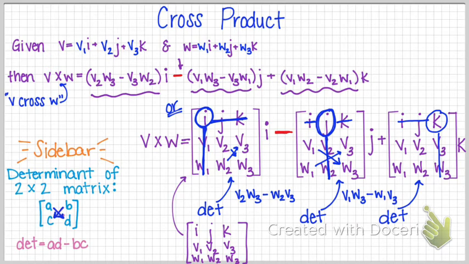For the K term, we cross out the row and the column that K is in, and then find the determinant of that matrix: V1 times W sub 2 minus W sub 1 times V sub 2. So that's where those terms up at the top are coming from. For this, we're going to use this matrix method to find our cross product.